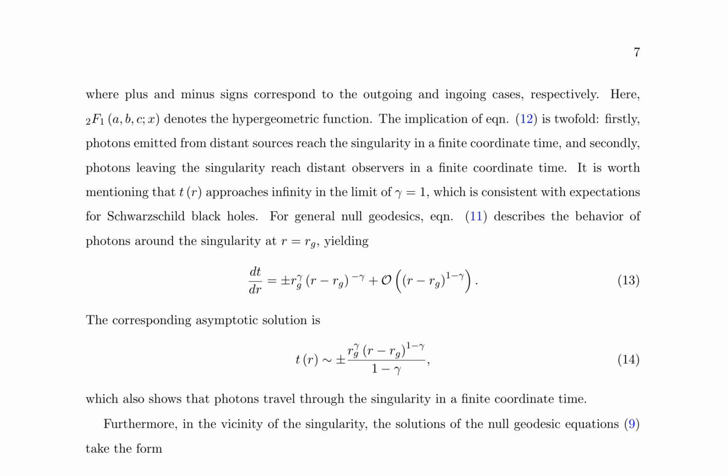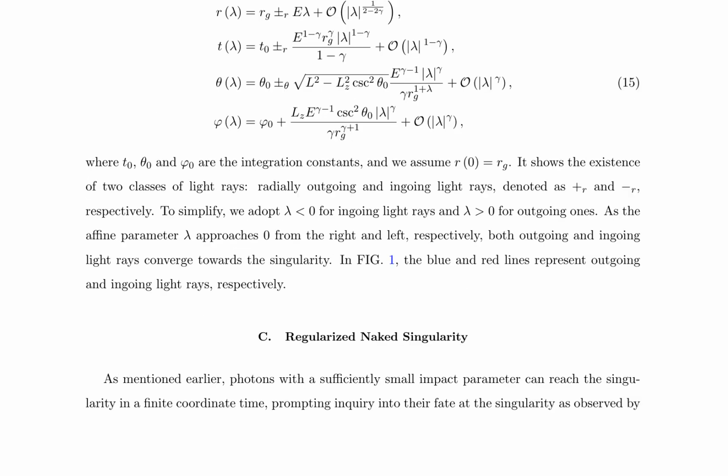In the vicinity of the singularity, the solutions of the null geodesic equations take the form of equations 15, which describe the radial, temporal, angular, and azimuthal coordinates as functions of the affine parameter lambda. These solutions exhibit the existence of two classes of light rays: radially outgoing and ingoing light rays, denoted as +R and -R, respectively.